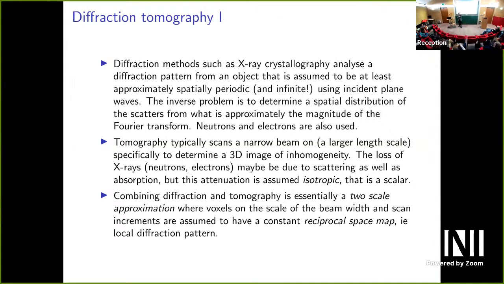Unit cell. And so on the other hand, in tomography, you can typically ignore diffraction and just see what gets through. So diffraction tomography is some kind of blend of the two of them. For each ray, you measure a diffraction pattern.